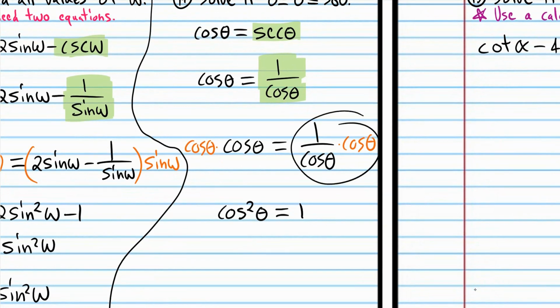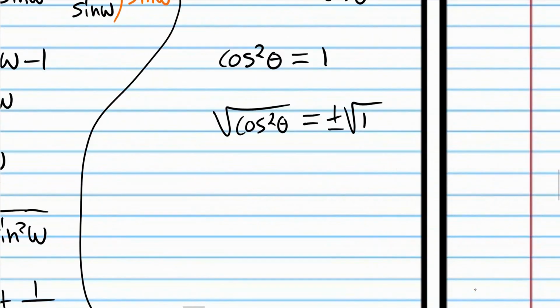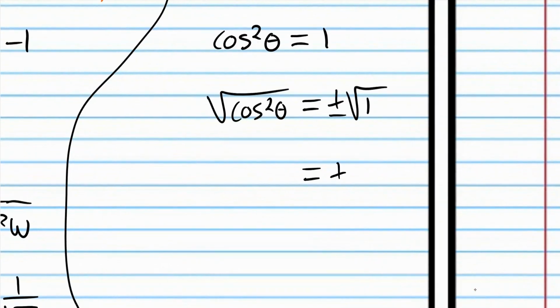And cosine theta times 1 over cosine theta is cosine theta over cosine theta, which is 1. And of course, we're going to square root both sides. Remember to write a plus or minus symbol when you square root both sides of an equation. And we get plus or minus 1 is equal to cosine theta.